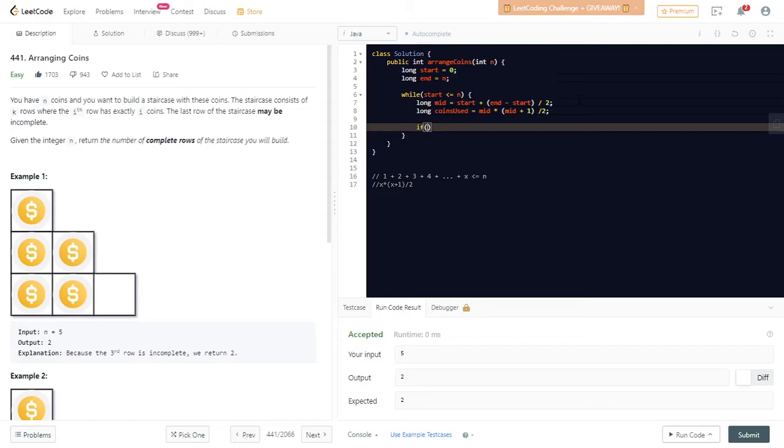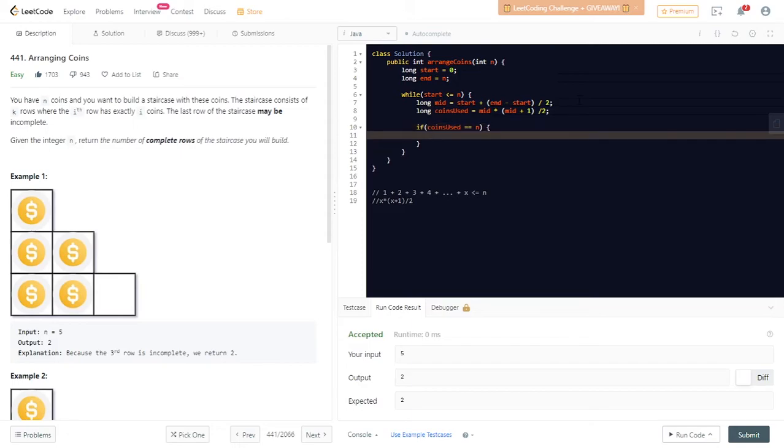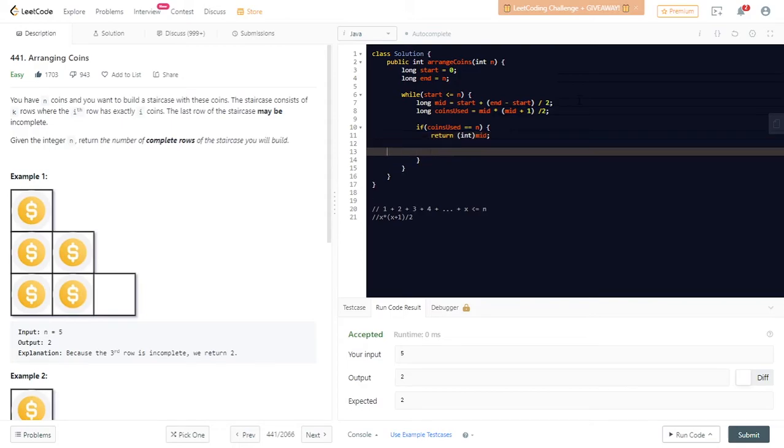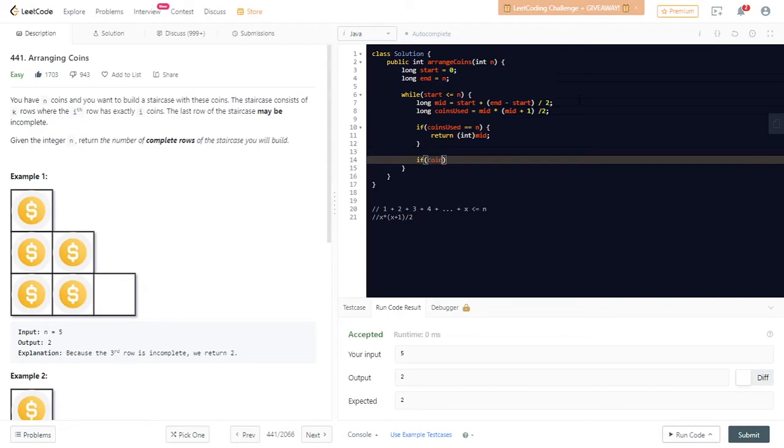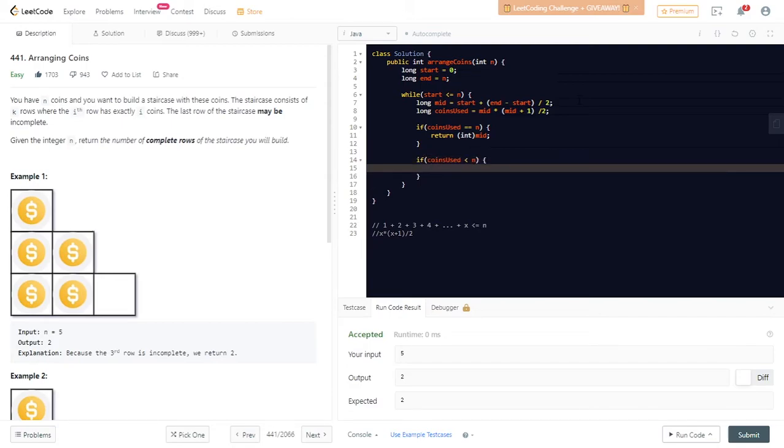So what we can do is, if coins used equals n, return, casting it into int, mid. If coins used is less than n, then start equals mid plus 1.